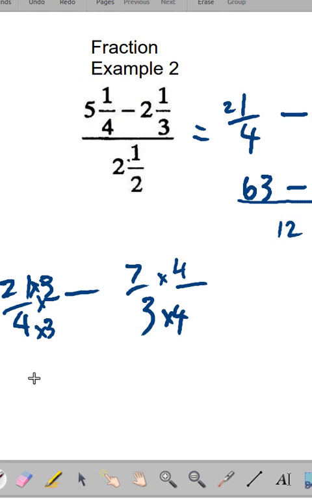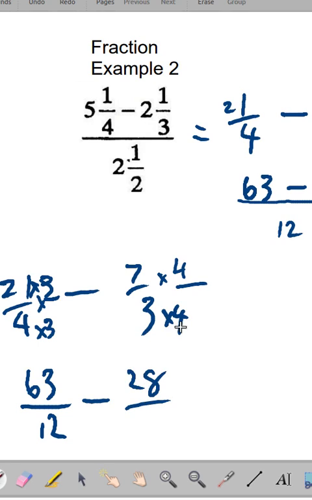Up top, 21 times 3 gives us 63 over 4 times 3 is 12, minus up top here 7 times 4 is 28 over 3 times 4 is 12. Notice that this now being the same denominator, you can say 63 of something minus 28 of it gives you what? Gives you 35.